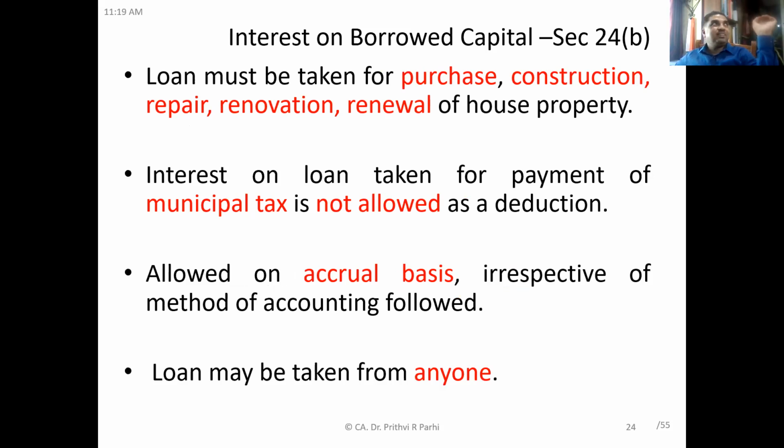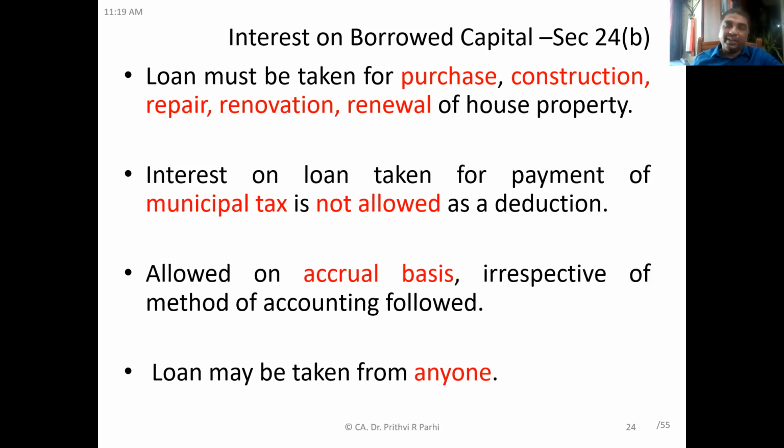Now, the second deduction is interest on borrowed capital. This is provided under section 24B. I had shown you at the very beginning. If the owner has taken a loan, it will be understood that he has borrowed capital for purchase, construction, repair, renovation, or renewal of the house, and the owner might be paying interest on that.